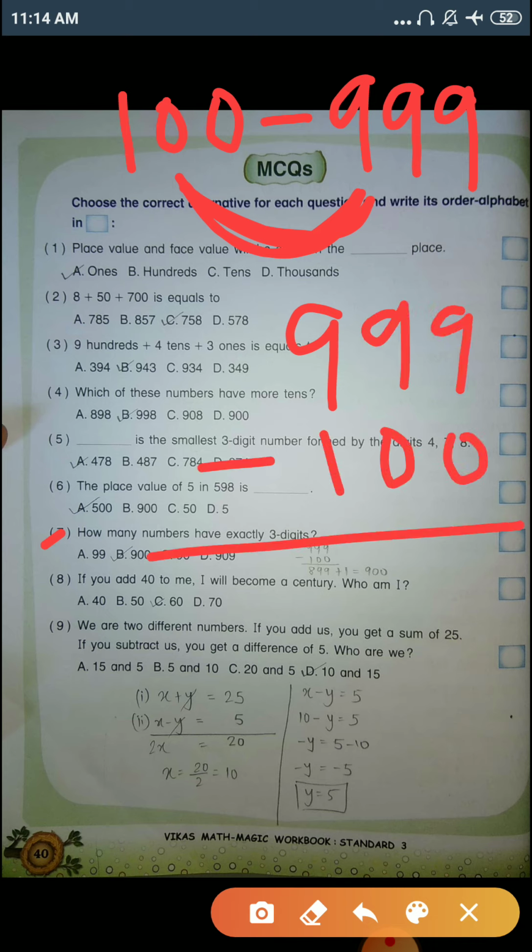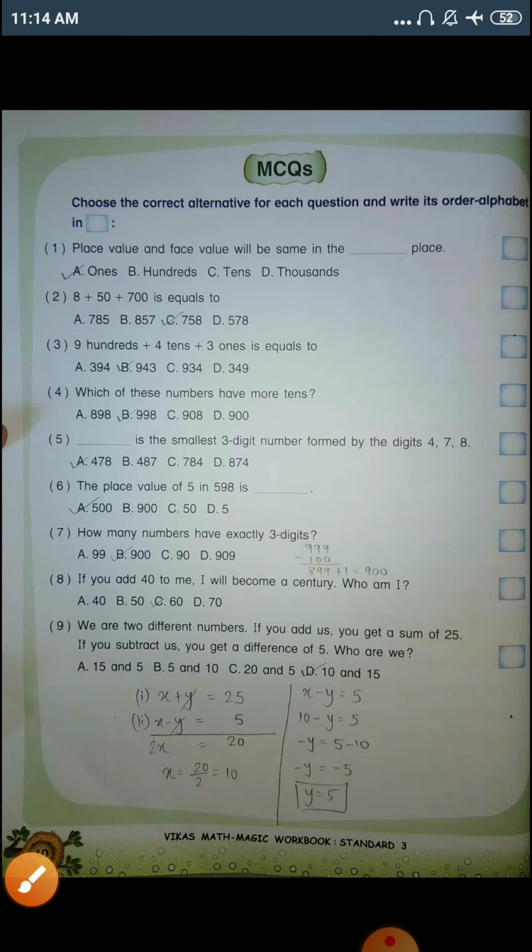So let's subtract: 9 minus 0, 9; 9 minus 0, 9; 9 minus 1, 8. 899 plus 1. This is a method to solve this sum. So 9 plus 1, 10; again 9 plus 1, 10; 8 plus 1 will give you 9. That means the answer is 900.